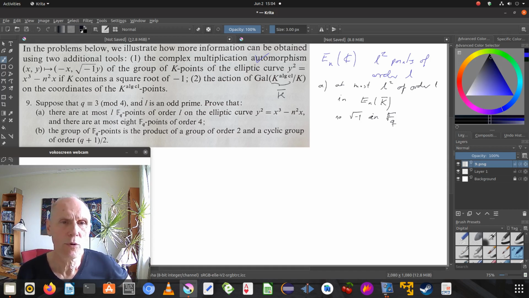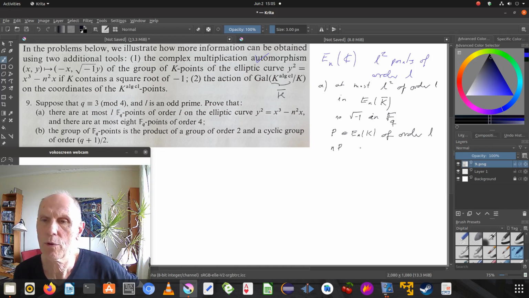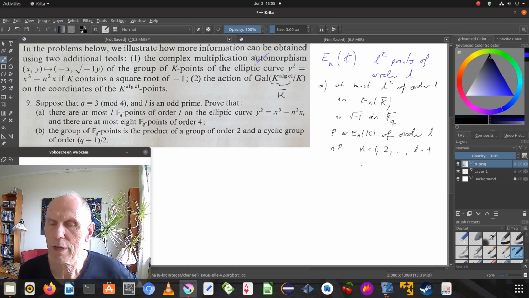If we have one point of order L, let's call it P, since L is odd, nP for n equals 1, 2, up to L minus 1, those points will have order L as well.